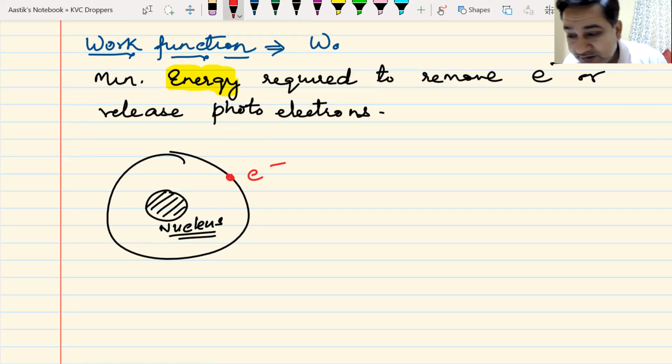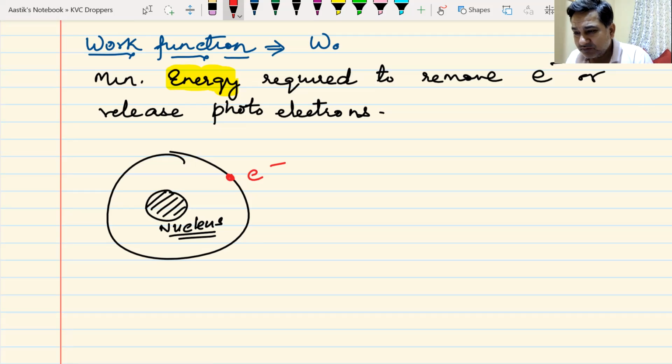Now I want to liberate this electron. So I'll have to give it energy, right? That energy was previously known as ionization energy. Right now we will call it as? What is the heading? Read it.